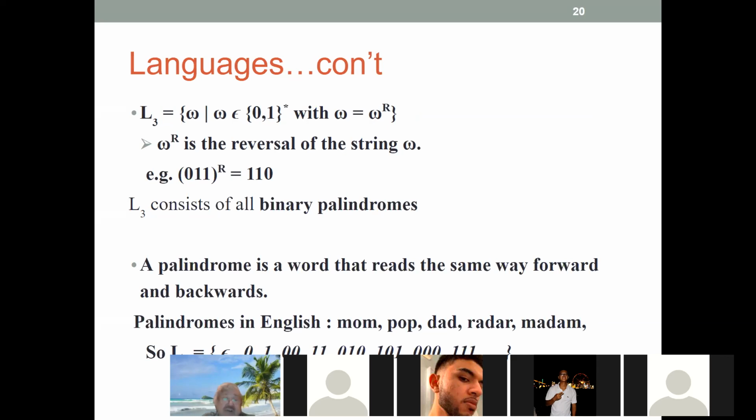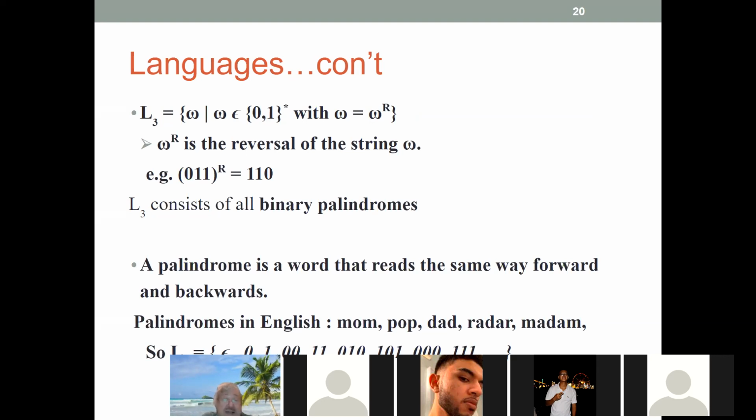In English, we said this earlier. A palindrome is a string that reads the same way forward and backwards. All right, we used the examples last time. Mom, M-O-M, pop, P-O-P, radar, R-A-D-A-R, and so on, and so on, and so on.